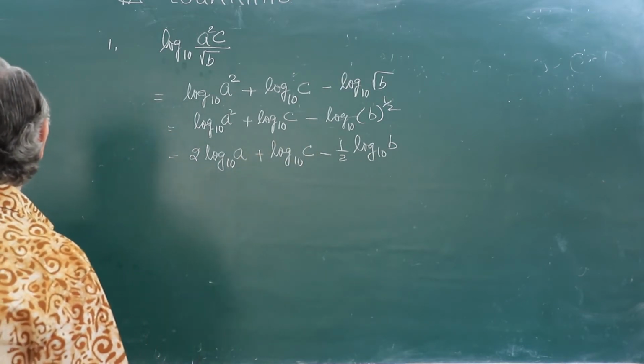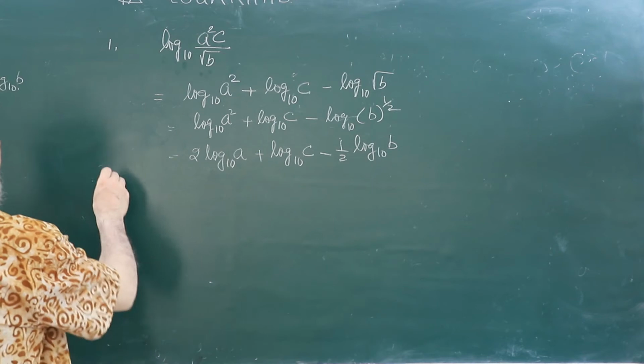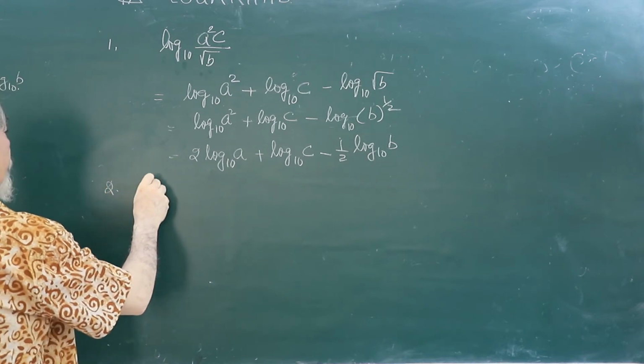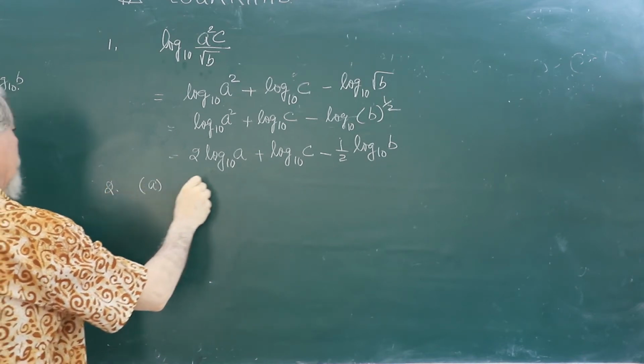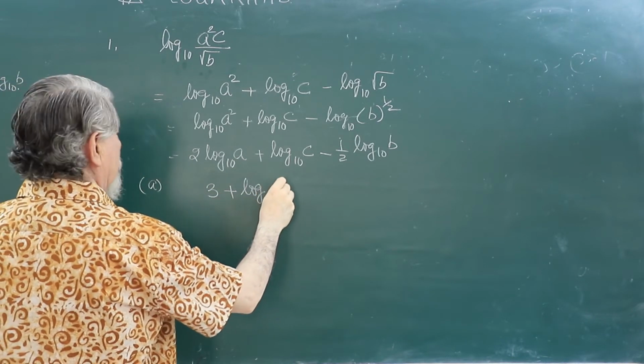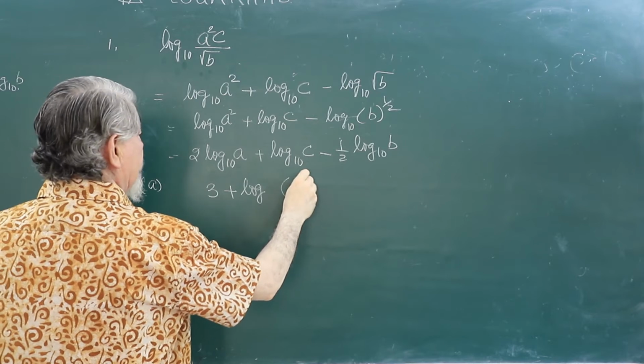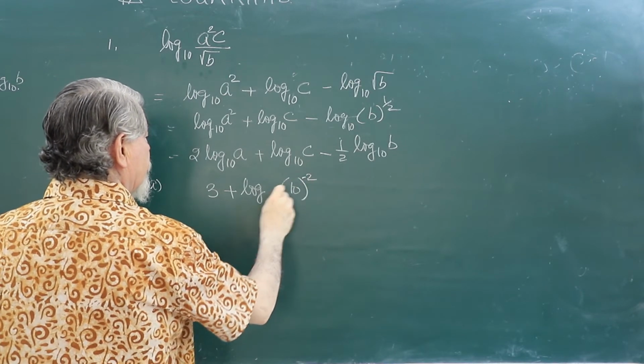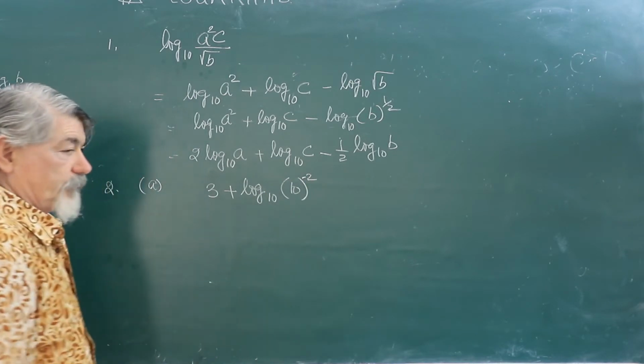Now let us see the next question, which says evaluate. The first part is 3 plus log 10 to the power minus 2 to the base 10.